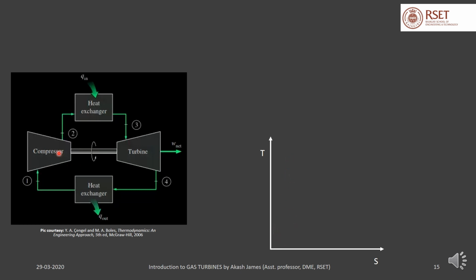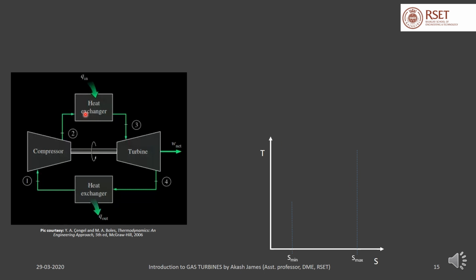The working fluid is cycled between the minimum entropy in the compressor to the maximum entropy in the turbine. When you add heat, the entropy increases from the minimum value to the maximum value, and when you reject heat, the entropy reduces from the maximum to the minimum value. So the compression process from 1 to 2 corresponds to the minimum entropy, and the expansion process from 3 to 4 corresponds to the maximum entropy.